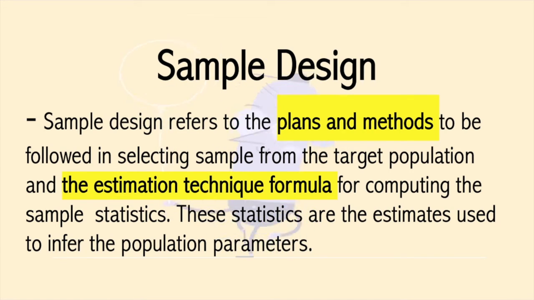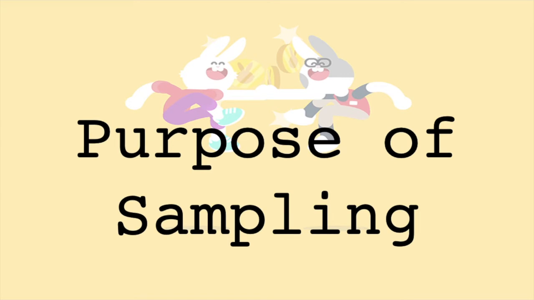Sample design. Sample design refers to the plans and methods to be followed in selecting sample from the target population, and also the estimation technique formula for computing the sample statistics. These statistics are the estimates used to infer the population parameters.